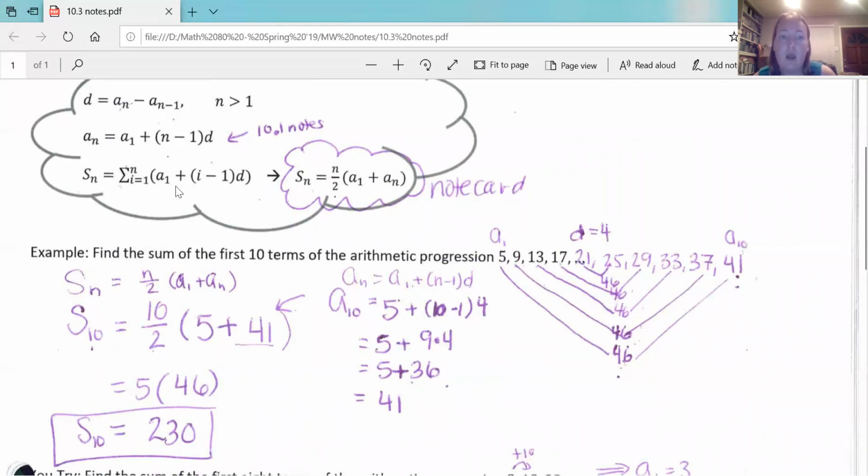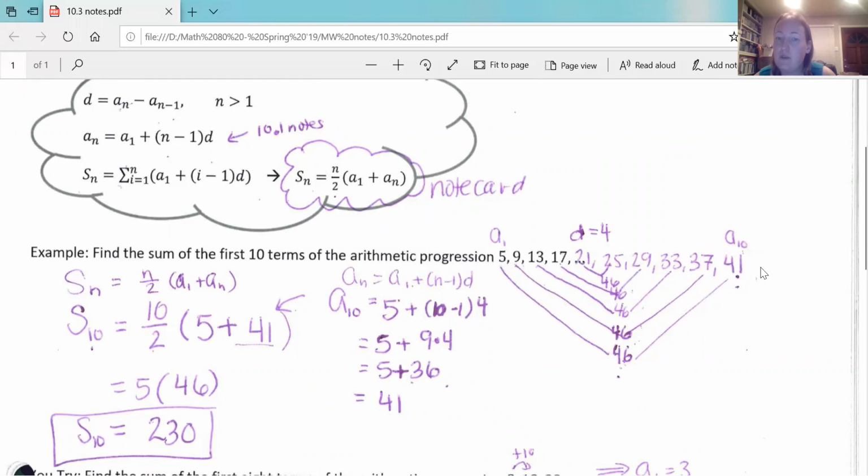Now this can also be written, because of this pattern I was mentioning of having the same sum for the outer and then working your way to the inner terms. You can actually say there are pairs of these, so it's the number of terms divided by 2, and then you add your first and your last together.